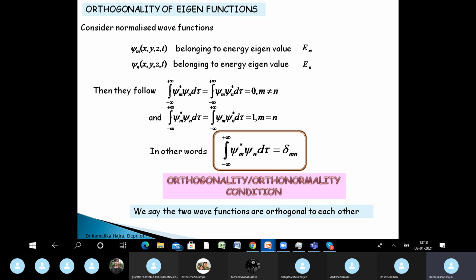There is no interaction between the states. They are independent of each other, which is why they satisfy the condition of orthogonality or orthonormality. This is a very, very important concept. Don't learn it by heart. Try to understand why this is happening, and then it will be easy for you to remember.